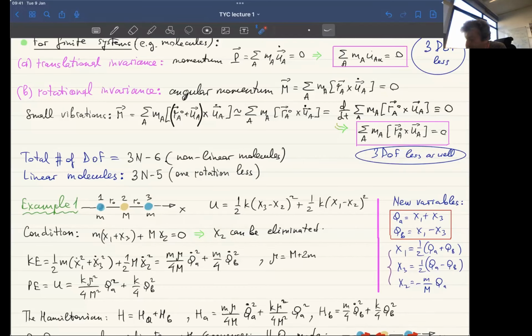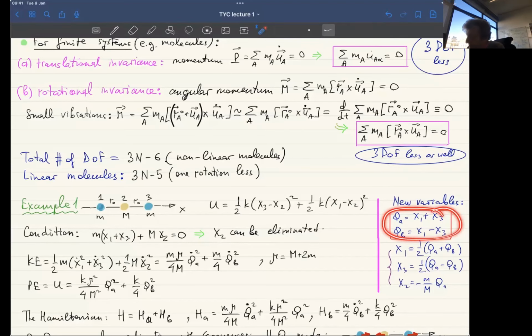And in order to do this, we can introduce 2 new degrees of freedom, 2 new coordinates, generalized coordinates, QA and QB, like this: x1 plus x3 and x1 minus x3. And remember, x2 we eliminated, therefore x1 and x3 become independent. But instead of choosing them as our coordinates, we chose the linear combinations x1 plus x3 and x1 minus x3 as our new degrees of freedom.